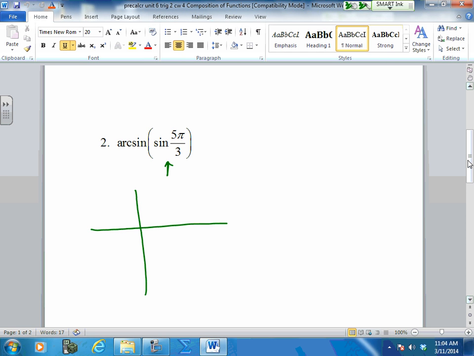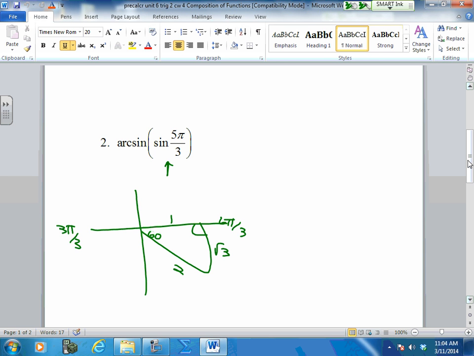If this is 3 pi over 3, and this is 6 pi over 3, where am I? Fourth quadrant. Everybody okay with that? What's my reference angle? 60. 3 goes into 180 how many times? 60. Right so far? Now I can label my triangle.